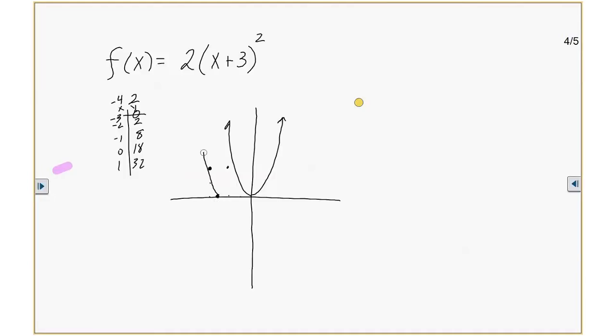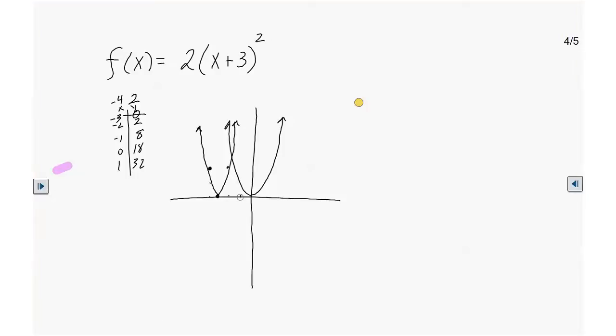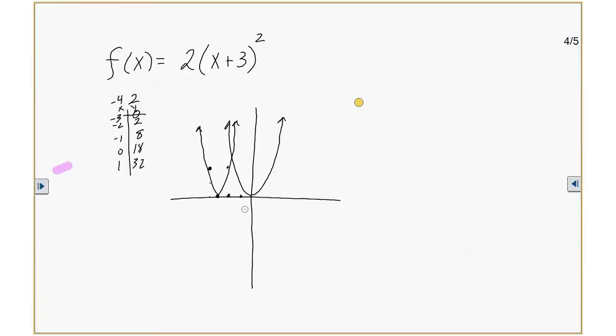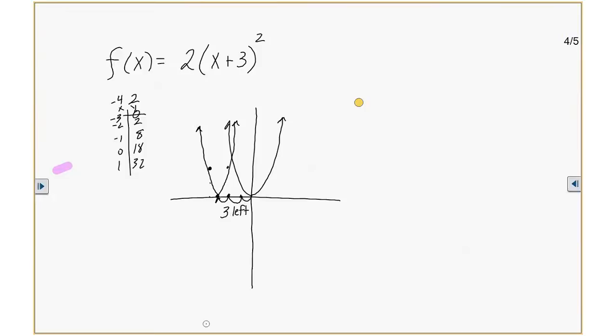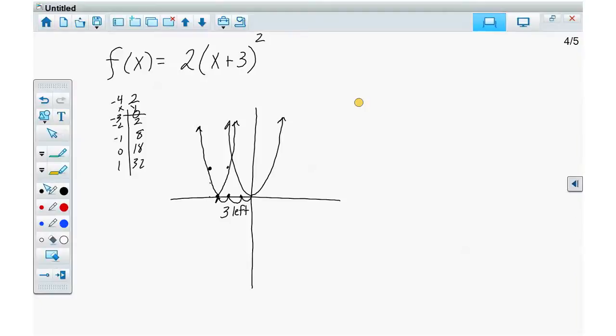And basically you see what is going on with this parabola. Not only did the 2 make it more narrow, but what else did it do? It had a horizontal shift of 3 to the left. That's right, class. Good job. 3 to the left. And that is depicted by the h being what?